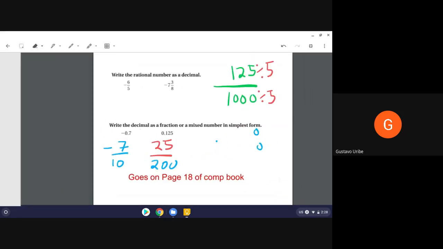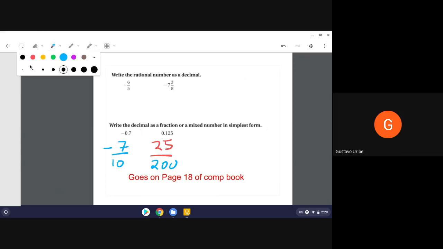The problem with dividing this by 5 is that we did not divide it by the GCF, the greatest common factor. So if Big Ideas asked you to put this in simplest form and you tried to leave it like this, it still is not in simplest form. This can actually be divided by 25.